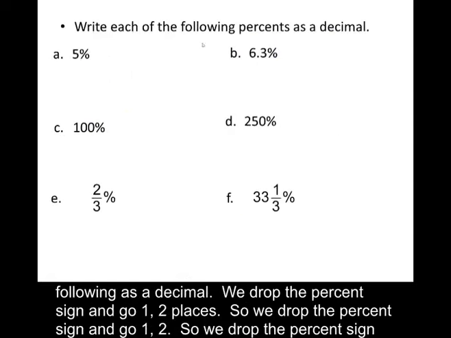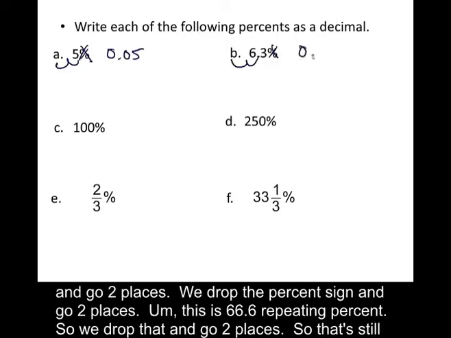Write each of the following as a decimal. We drop the percent sign and go 2 places. We drop the percent sign and go 2 places. We drop the percent sign and go 2 places.